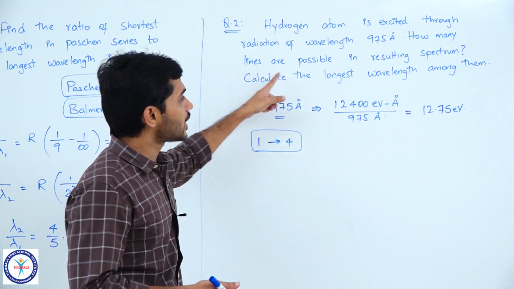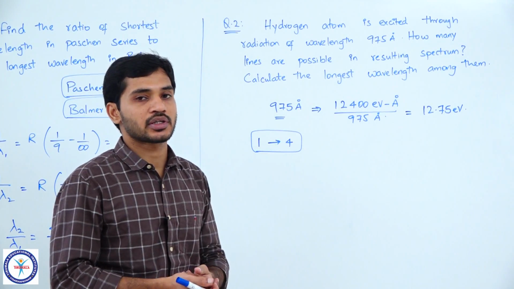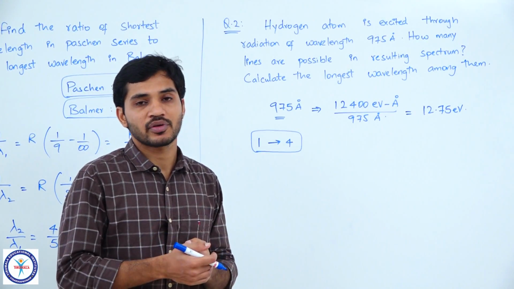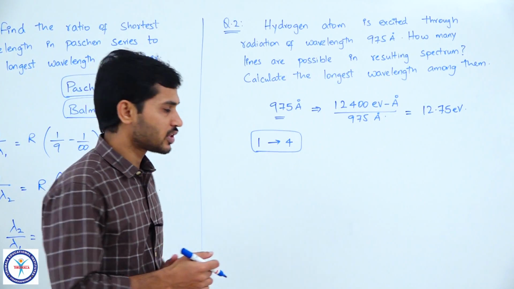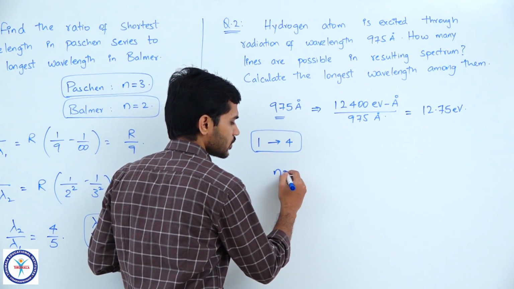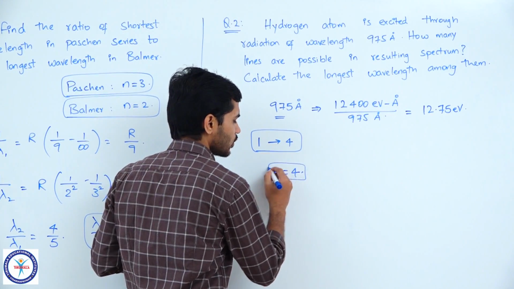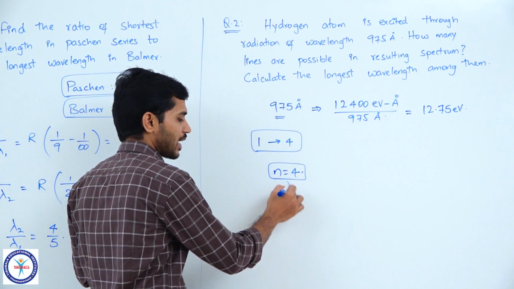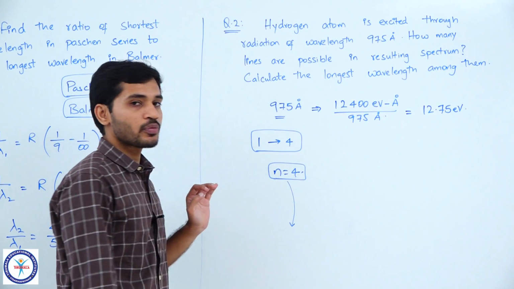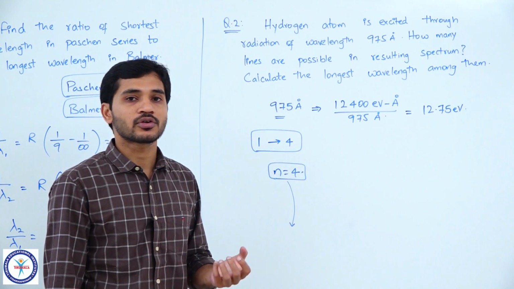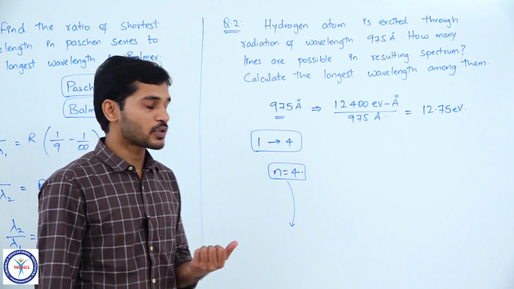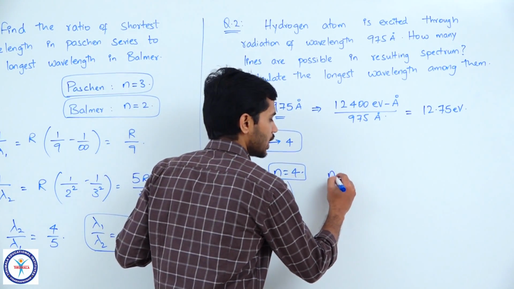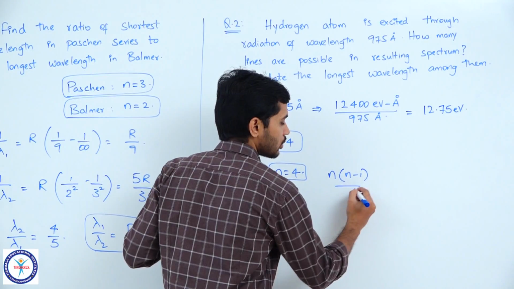They are asking how many lines are possible in the resulting spectrum, which means in the emission spectrum from there, how many possible lines are going to be observed. If the electrons are initially in the n is equal to fourth state and they are coming back to the ground state, how many possible ways are there for that electron to come back? We have already discussed this, and the expression which we derived earlier was n into n minus 1 by 2.